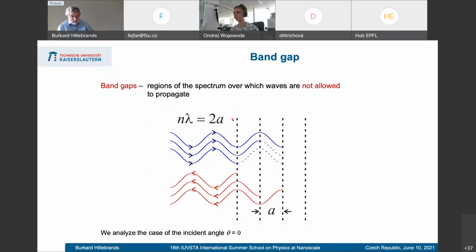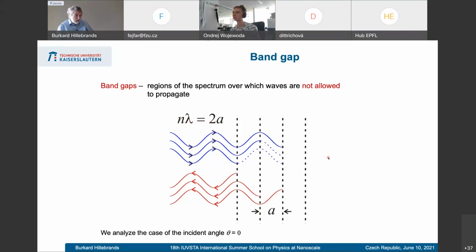That means that the separation here, the artificial lattice parameter, is just an integer multiple of half the wavelength. I put the 2 to the other side. So the lattice parameter is an integer multiple of half the wavelengths.